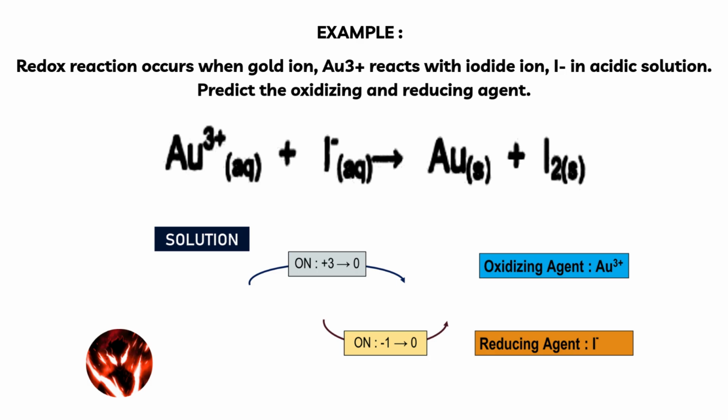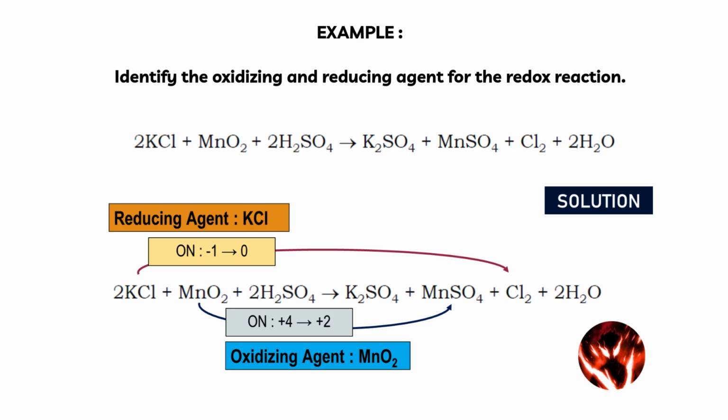In this next example, we have a more complex equation involving several compounds. To find the agents, we focus specifically on the atoms that change their oxidation states. Take a look at the chlorine, Cl, in KCl. It starts at -1 and ends up as 0 in the chlorine gas Cl2.